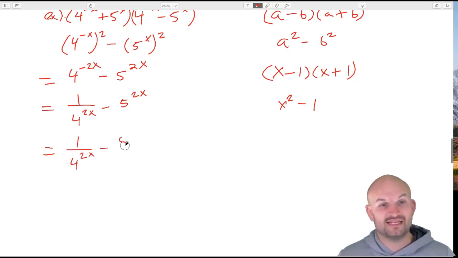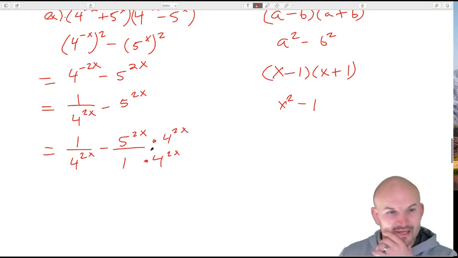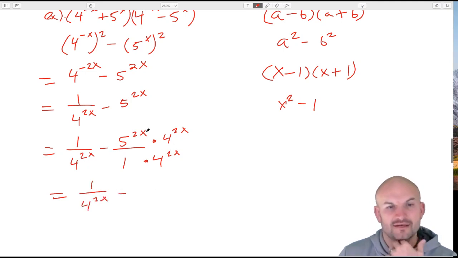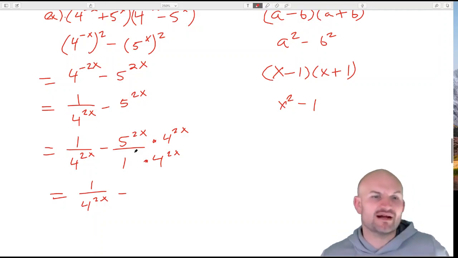So therefore, now we need to get common denominators. So you can multiply by 4 to the 2x times 4 to the 2x. And therefore, we'd have 1 over 4 to the 2x minus, oh, actually, you can't combine those.